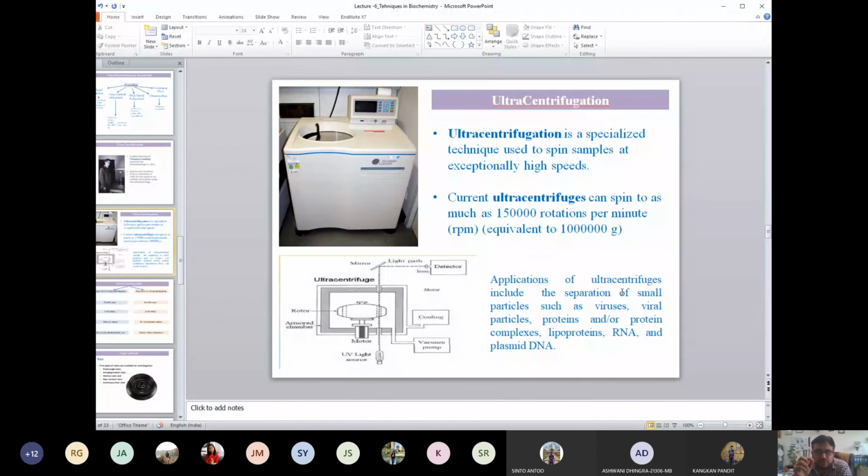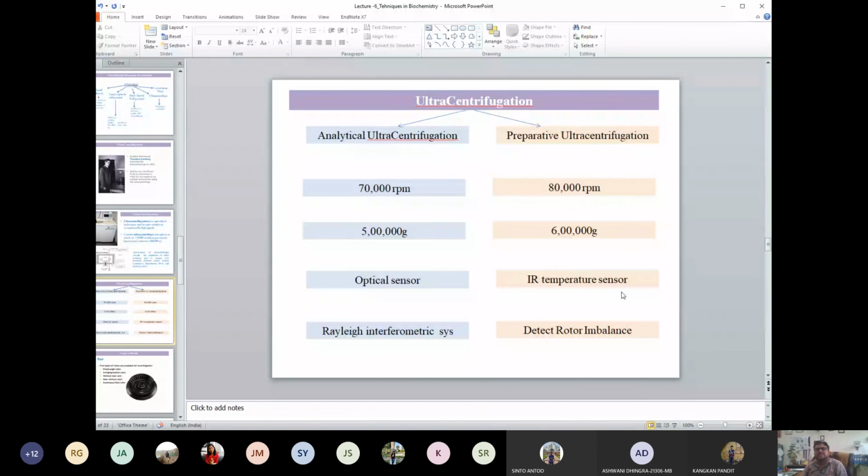Even for the rotor which you are going to use, if there is slight fluctuation in the pin or the nodal where you are going to put your rotor, the instrument will not run. Likewise, all the sensors should work perfectly, and these are the prerequisites. Even if there is an error in one or the other sensor, the ultracentrifuge will not operate. So these are some of the automated features associated with the ultracentrifuge, which make it a little bit complex for use. But still people are using it to get high quality material.